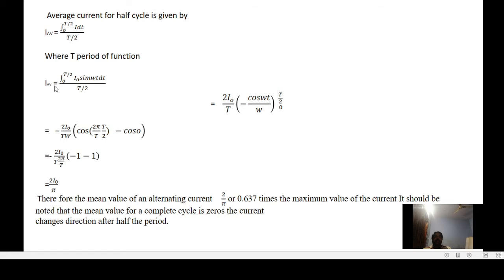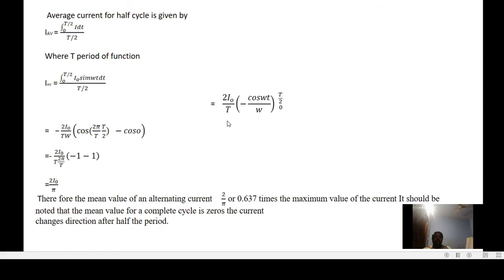Here we can get I average is equal to the integration from 0 to T by 2 of I naught sin omega t dt divided by T by 2. So this term goes to the numerator, then it becomes 2 I naught by T. The integration of sin omega t is minus cos omega t by omega.